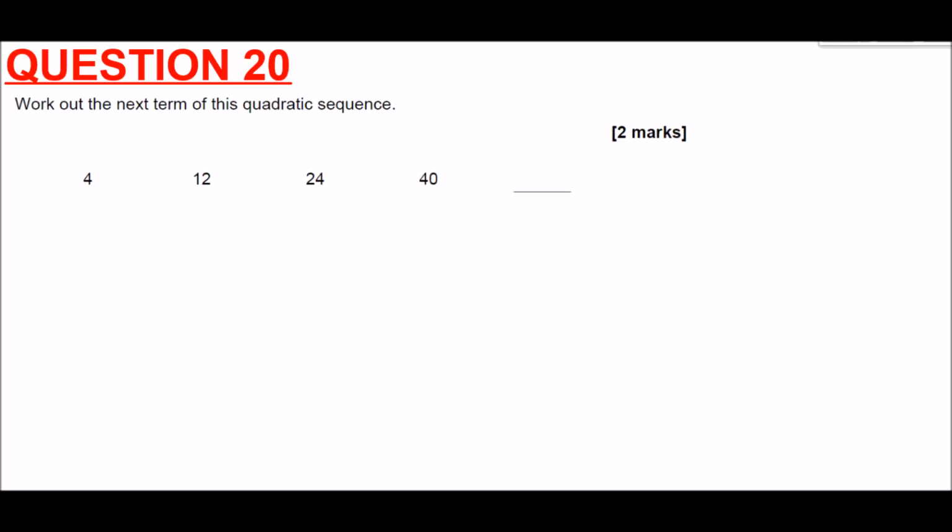Question 20. We need to work out the next term of a quadratic sequence. A quadratic sequence is where the gaps between each number are going up by a fixed rate each time. So between 4 and 12, that's an increase of 8.